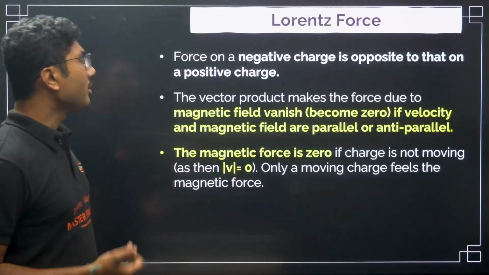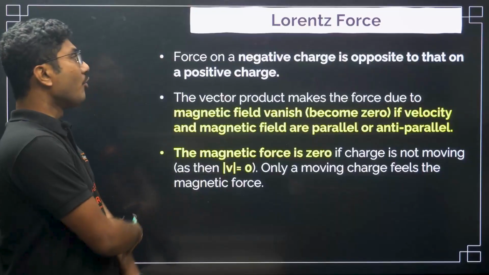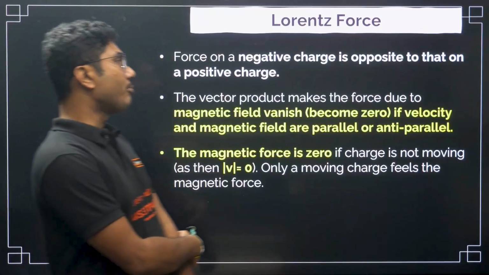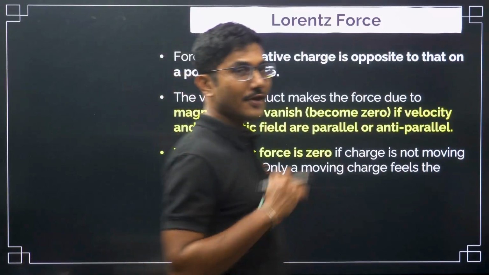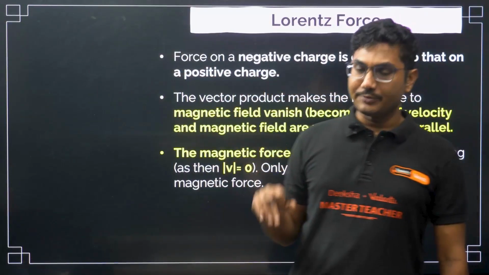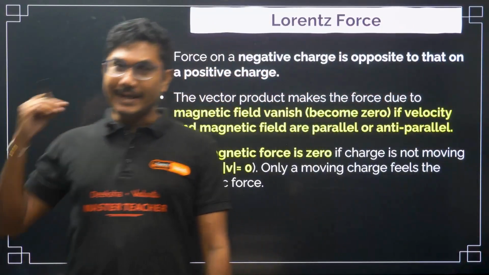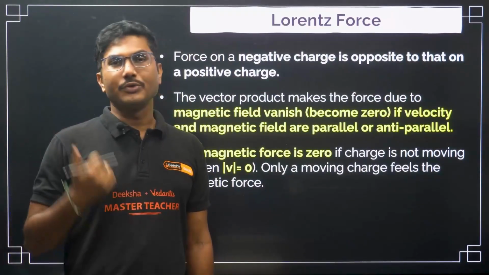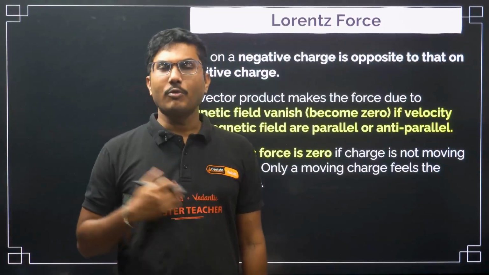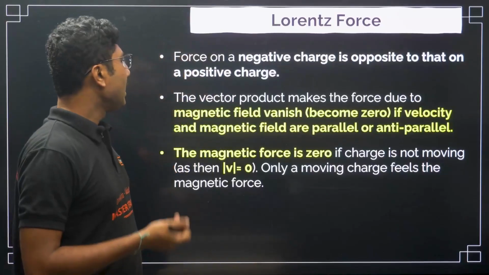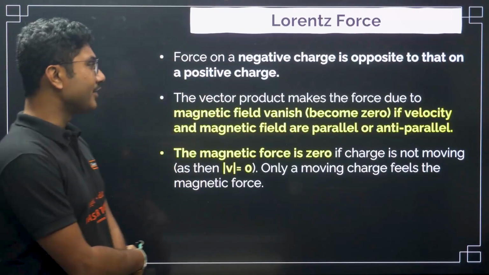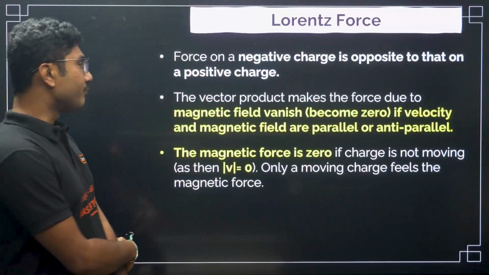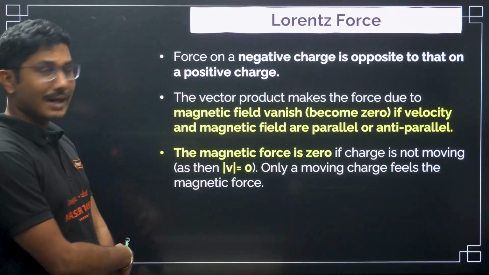Now let's move on to a few points. Force on a negative charge is opposite to that on a positive charge. So the formula that we have learned is valid for both positive and negative charge. If you put a negative charge, then the direction will be opposite to that of the positive charge, obviously. The vector product makes the force due to the magnetic field vanish if velocity and magnetic field are parallel or anti-parallel.